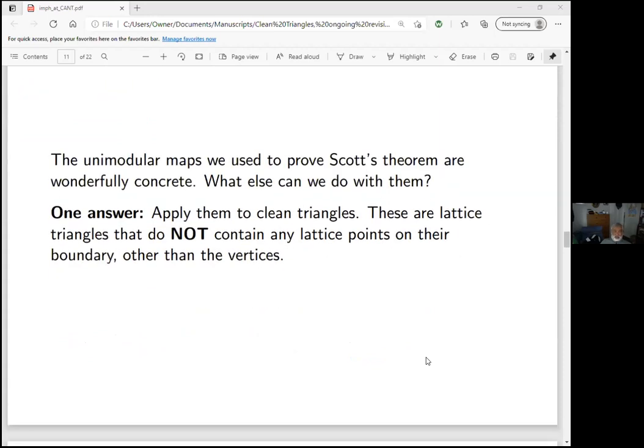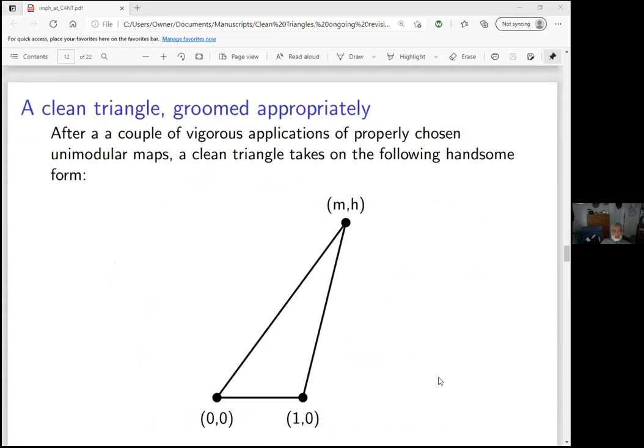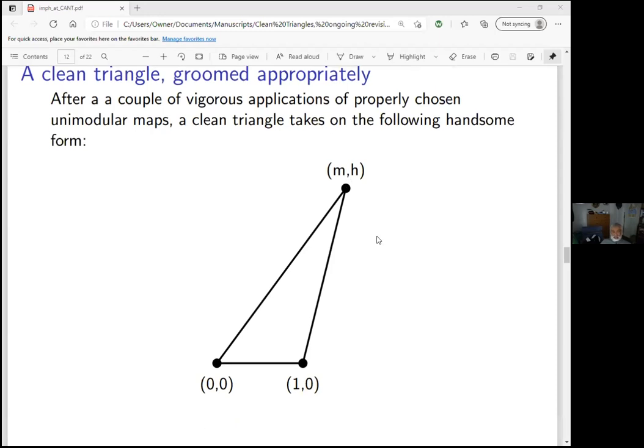So if you choose the appropriate unimodular maps, this is what a clean triangle can be transformed into. Okay, so one vertex is at the origin, the other vertex is at (1, 0), and the third vertex is in the first quadrant.